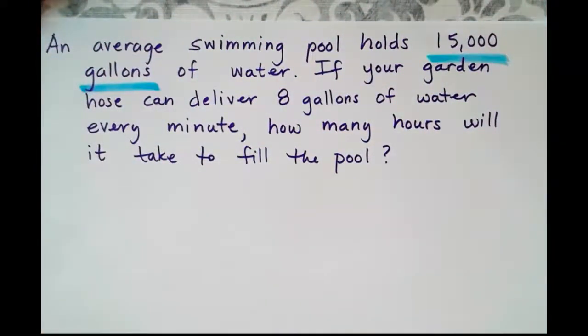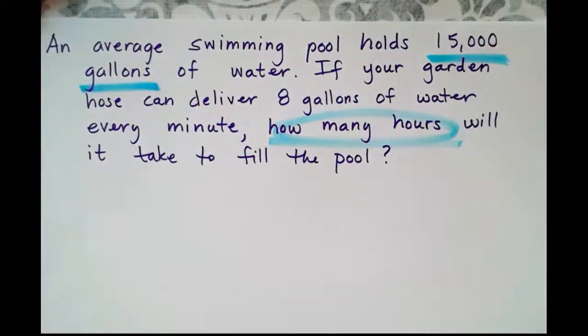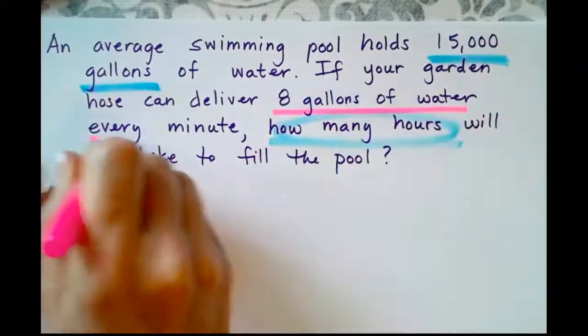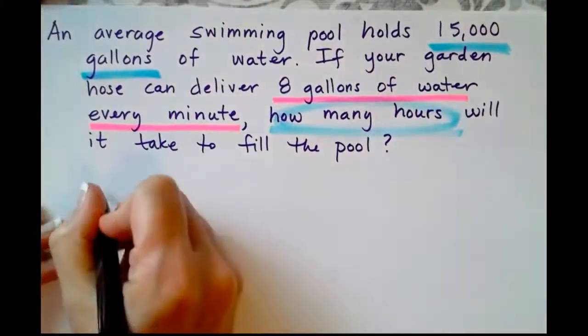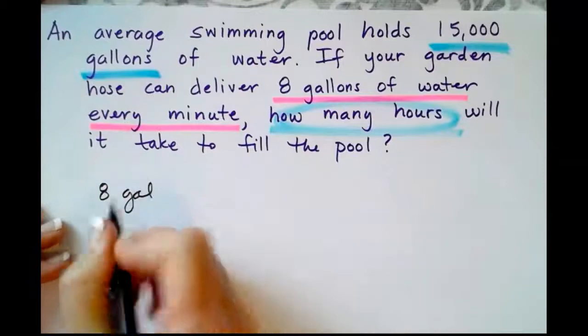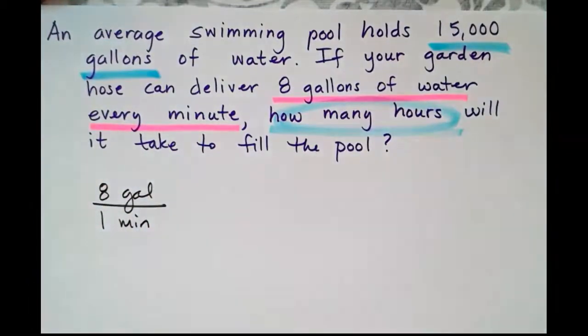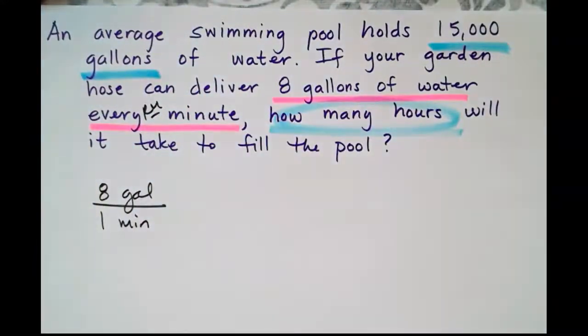We just want to fill it, and we want to know how many hours is it going to take to do that. Well, our garden hose delivers 8 gallons of water every minute. So our given rate that we're working with here is 8 gallons every 1 minute. 8 gallons per minute. Every means the same thing as per there.